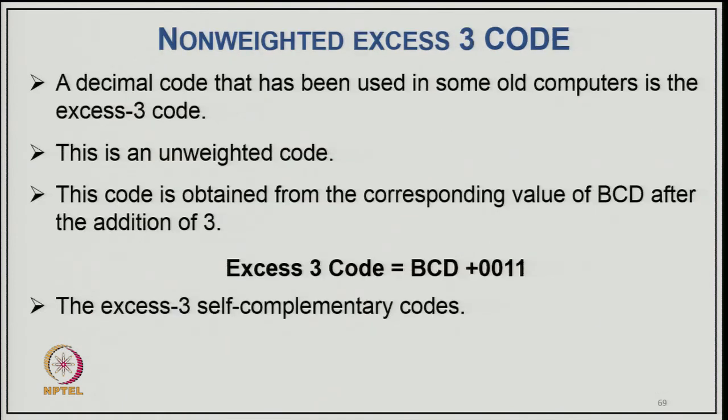Now, the non-weighted excess-3 code, a decimal code that has been used in some old computers. Excess-3 code is an unweighted code, and it is obtained from the corresponding value of BCD after the addition of 3. So, excess-3 code is BCD plus 0 0 1 1, that is equivalent to 3. That is the reason we call it excess-3 code, and it is a self-complementary code.